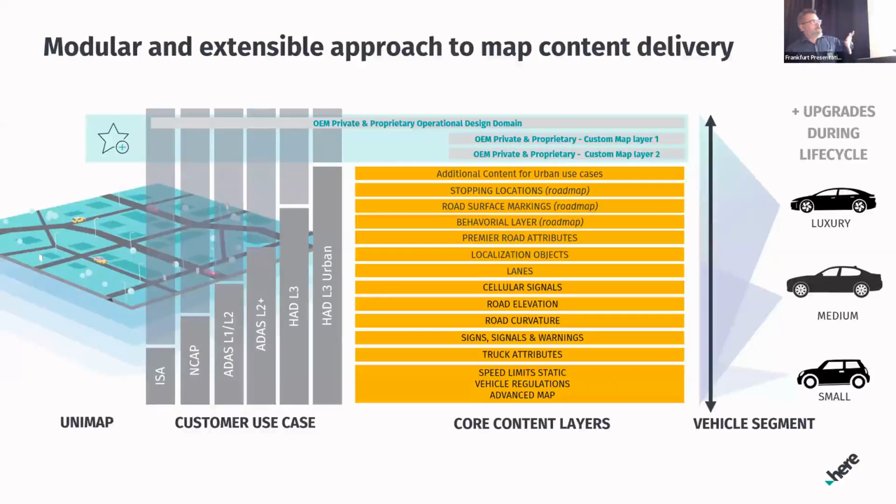This is the product view from the HERE point of view, but we also support, as you can see on top, a customized layer. A customer can define their own specific layer, and that goes along with the flexible licensing model I mentioned before. So you can really fine-tune the system to optimally support your specific use case.